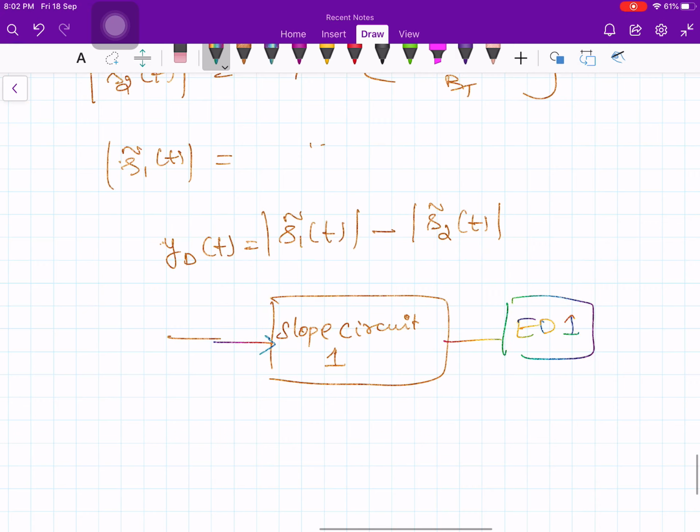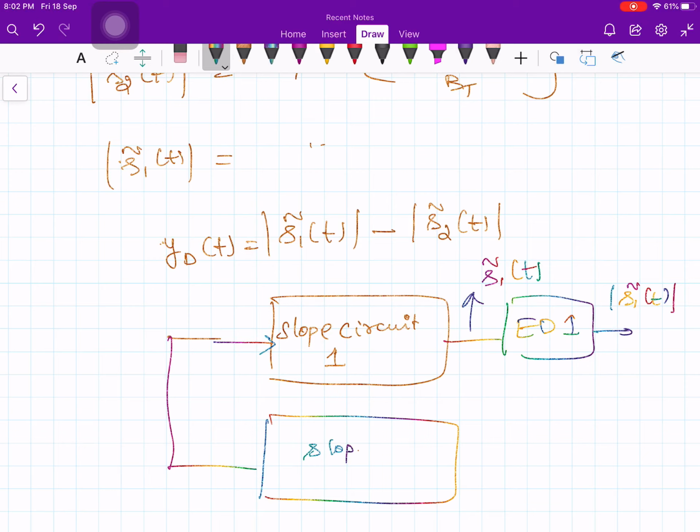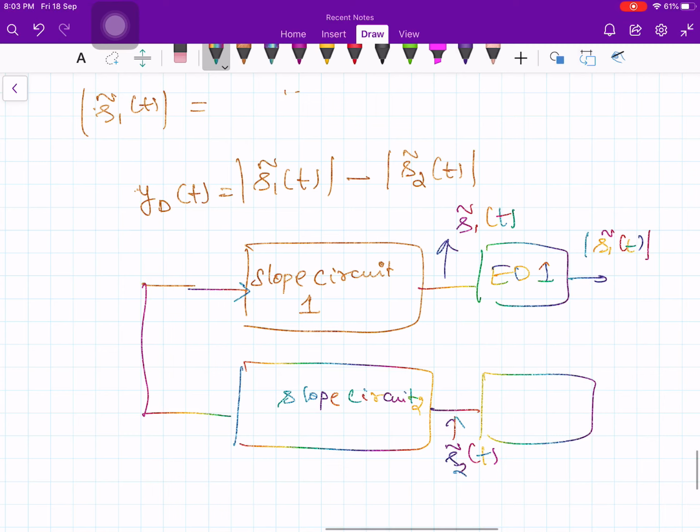Okay, and this one is s1 tilde of t, and this one is mod of s1 tilde of t. The same signal is given to slope circuit 2, then here you will get s2 tilde of t and envelope detector 2, and the output is s2 tilde of t magnitude.